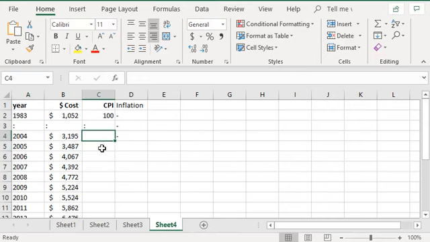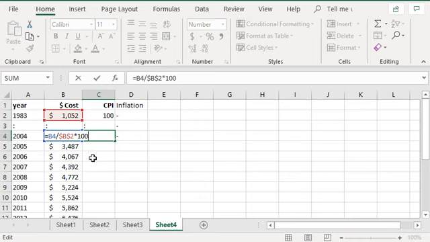Now we have to get the CPI for 2004. I'm going to go ahead and just copy this and paste it here, and then just show you how I got it. Okay, so the CPI in 2004 is 303.71%. How did we get that?